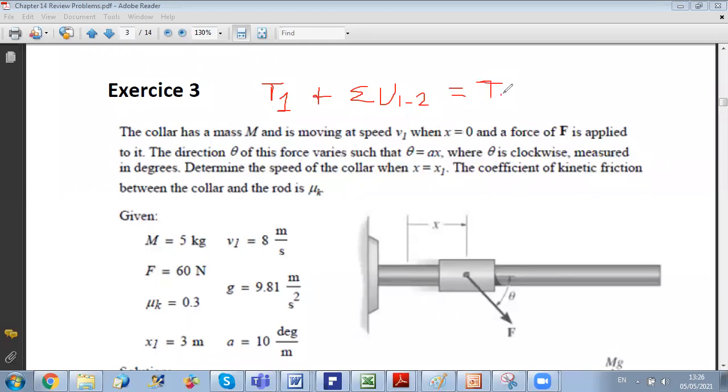And the other version is T1 plus V1 plus the sum of work of non-conservative forces. Here, for example, in this problem, the non-conservative forces will be both friction and F.